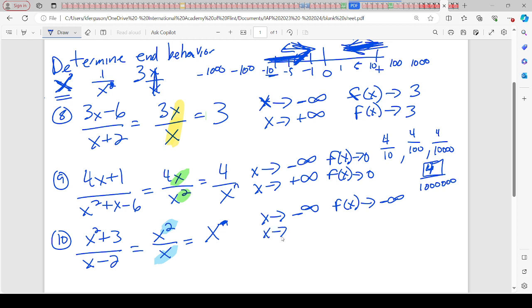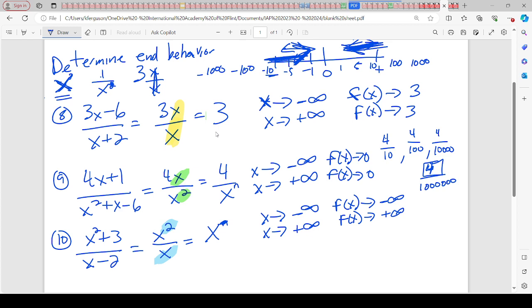And then as my x approaches positive infinity, so I'm putting in positive numbers 1, 5, 10, 100, 1,000, 10,000, a million, f of x approaches positive infinity. As I'm putting in positive numbers, I'm getting positive numbers. And the bigger my input, the bigger my output. So it's approaching infinity. So those are the three instances of determining end behavior.